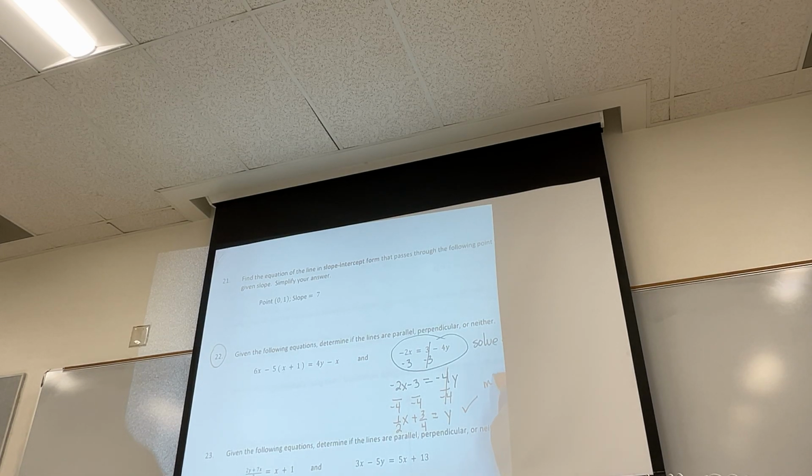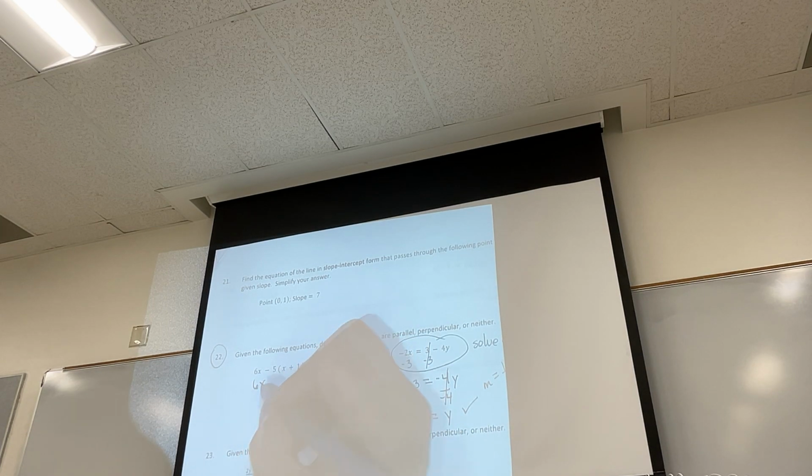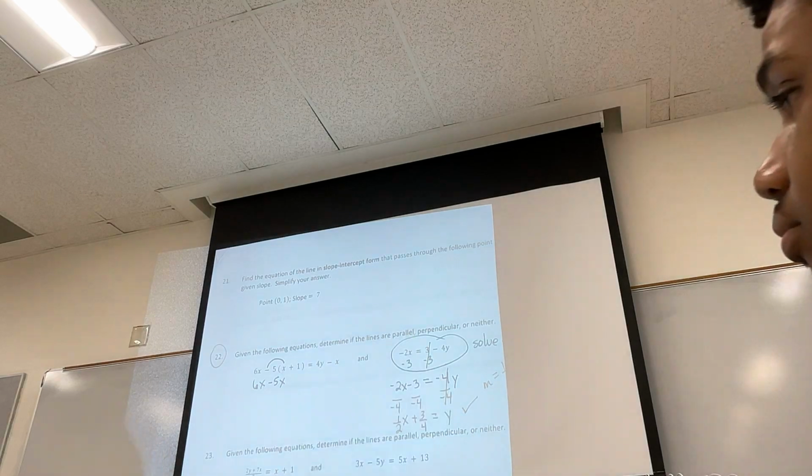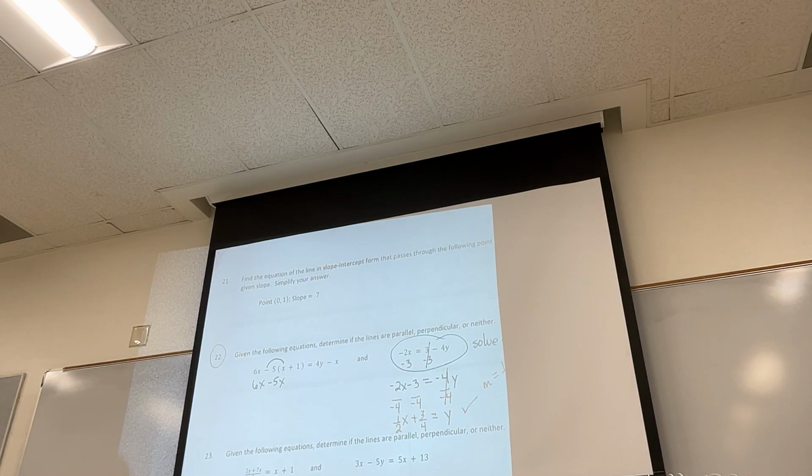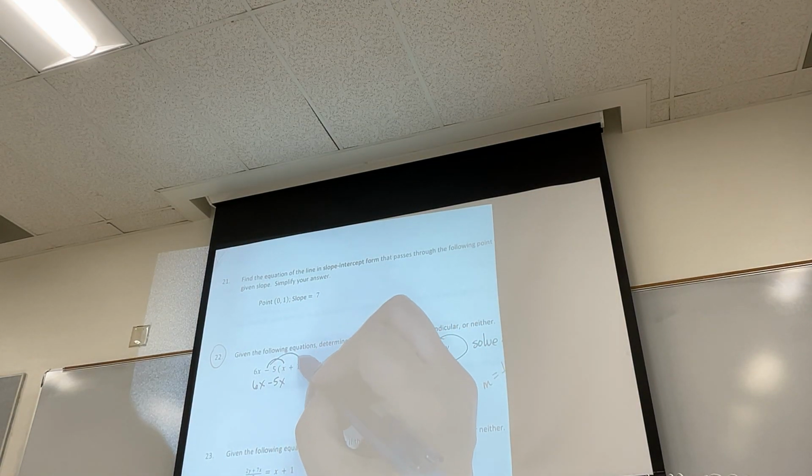I'm just going to write that to the side because we're going to focus on that when we look at this equation. So, can we get this equation into slope-intercept form? 6x, negative 5 times x, negative 5 times 1, negative 5.